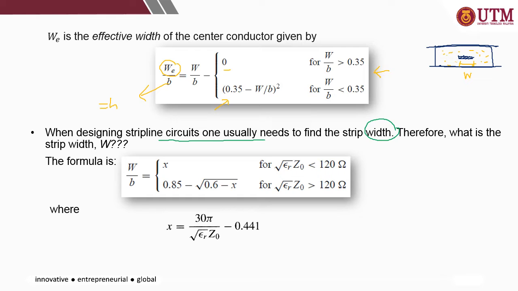So we can estimate W over B, the ratio of the width to the height or thickness of the structure, by using this, in which it depends on the characteristic impedance and also epsilon r, the relative permittivity of the structure. If it is less than 120, the ratio of the width to the thickness equals x, in which you can calculate x using this equation.